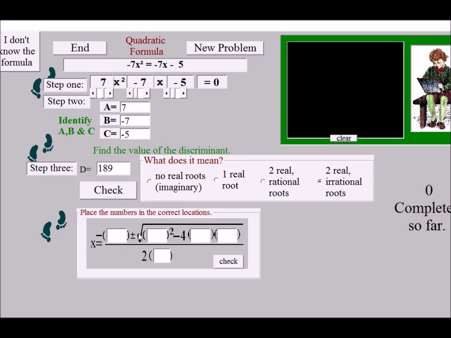So it would be negative b, negative 7, negative 7 again, a, 7, c, negative 5, divided by 2a, 7.